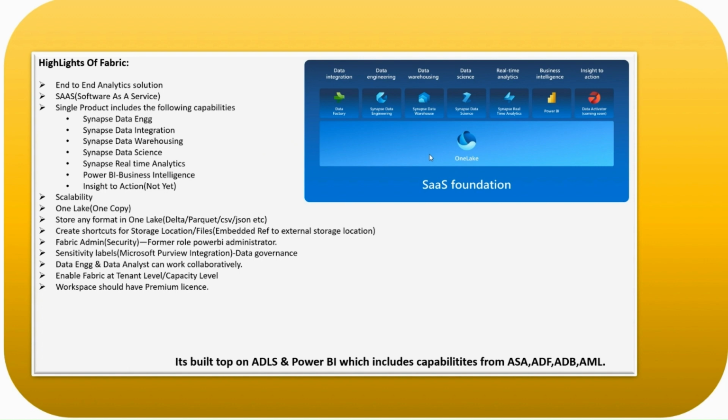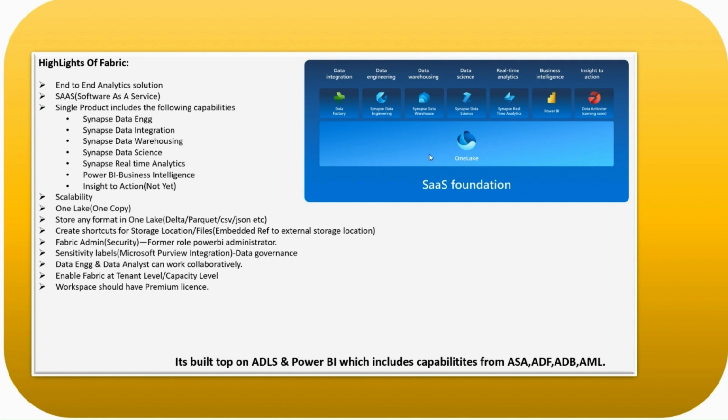If you want to make a copy from Blob to ADLS, then you need to do a data integration. You need to take from Blob and push into ADLS. So think about the data movement. Again, it is a cost for us, right? So for these kinds of problems, the unified solution they have brought is Fabric.